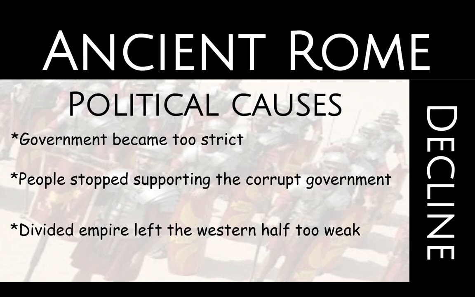And by doing that, they inadvertently are going to leave the western half without money and without a solid tax base, so they don't have any way to get money. And if they don't have money, they can't pay the military, so very little protection. So the western half of the empire is going to be too weak to repel the invaders, and it will eventually collapse.